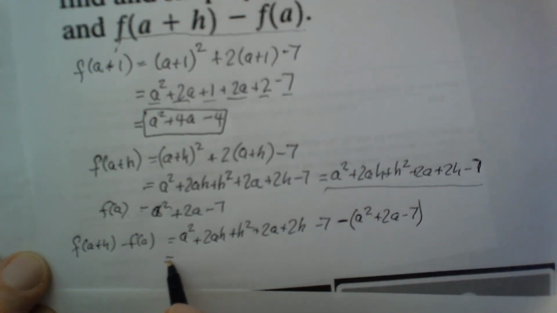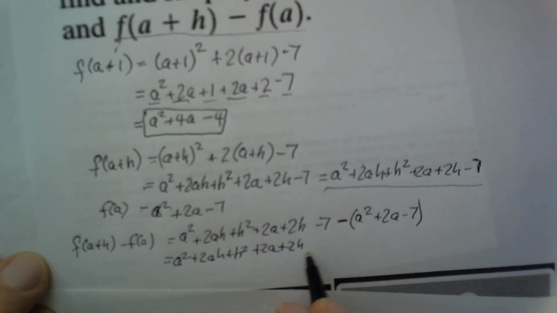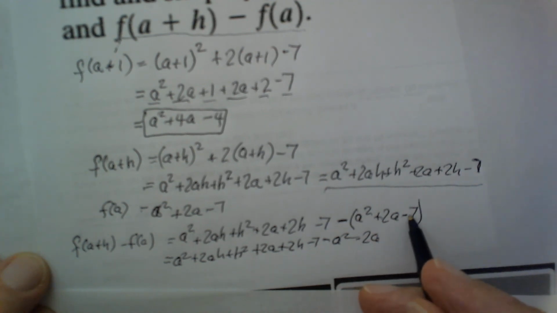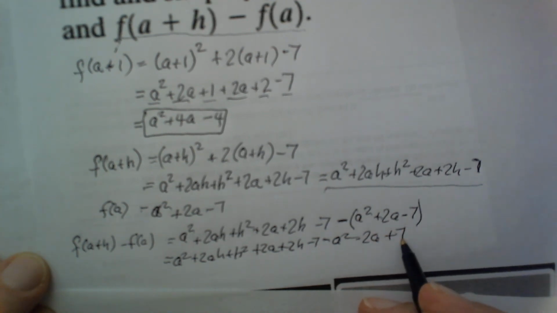Now with a minus in front, we need to change the sign of each of the terms inside the parentheses. So that becomes a minus a squared. That becomes a minus 2a. And this becomes a plus 7.